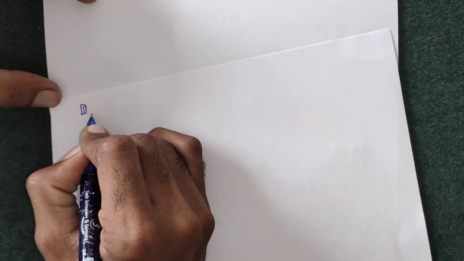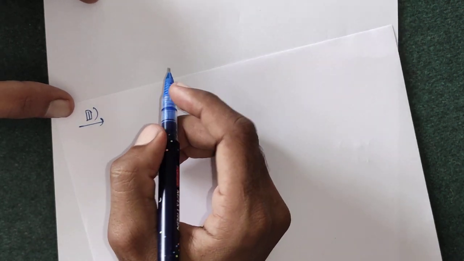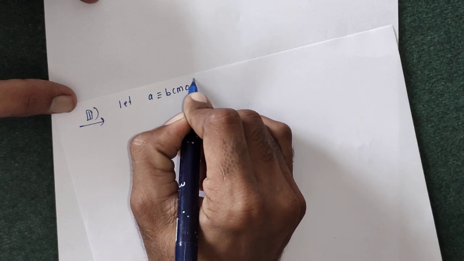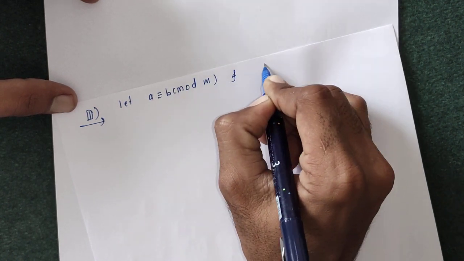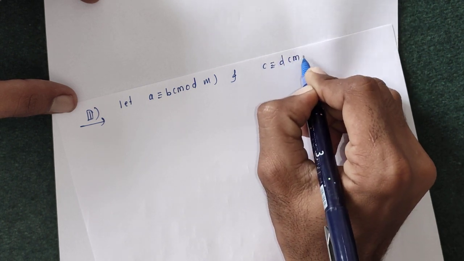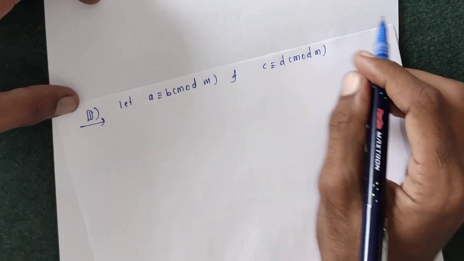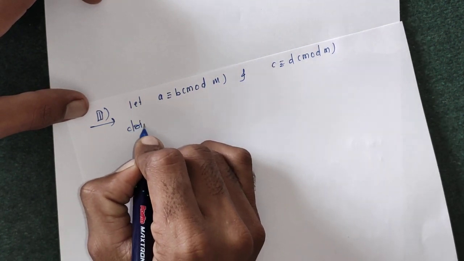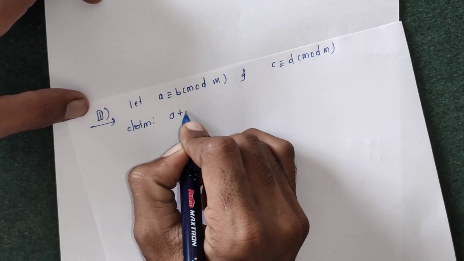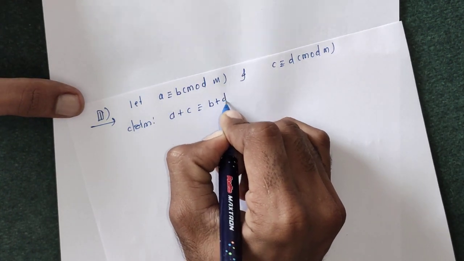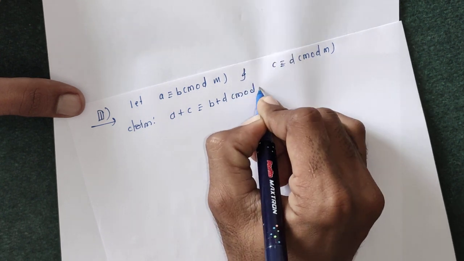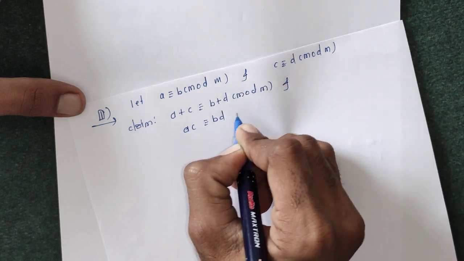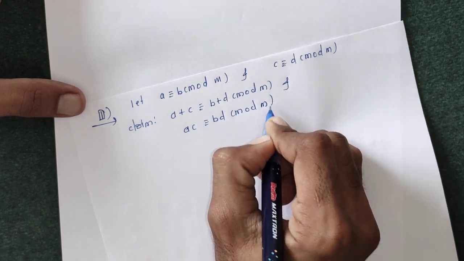We are given A is congruent to B mod m and C is congruent to D mod m, and we have to prove that our claim is A plus C is congruent to B plus D modulo m and A into C is congruent to B into D modulo m.